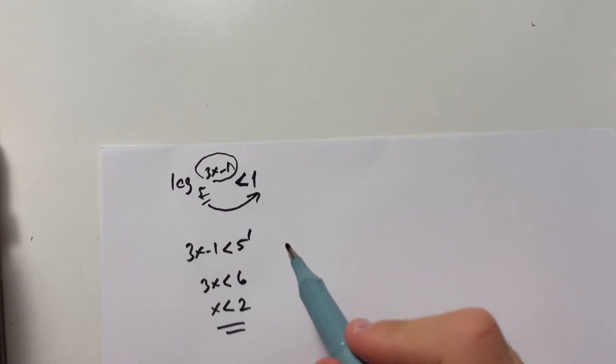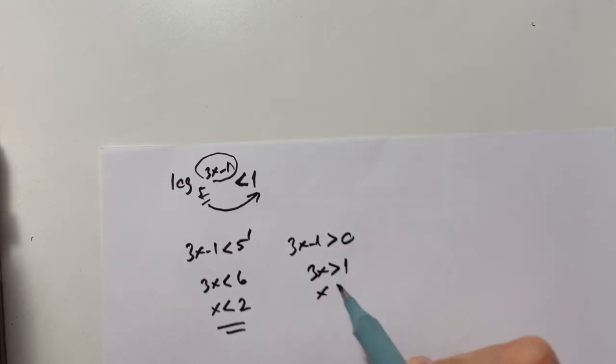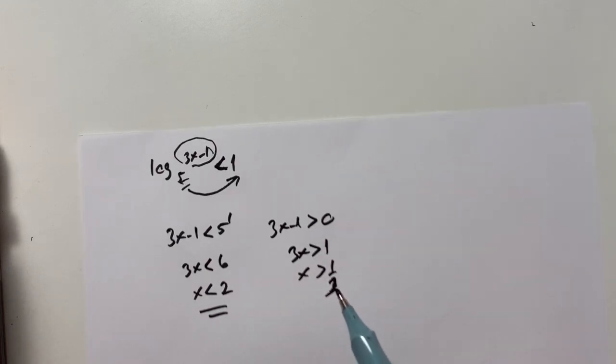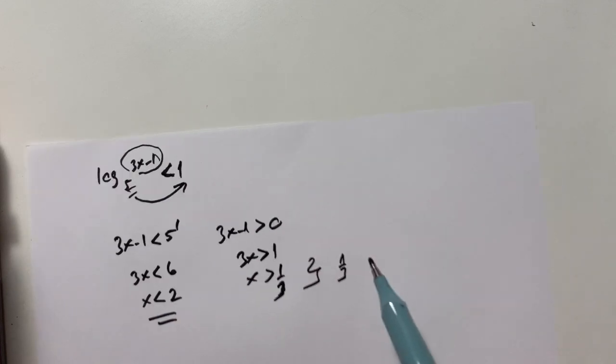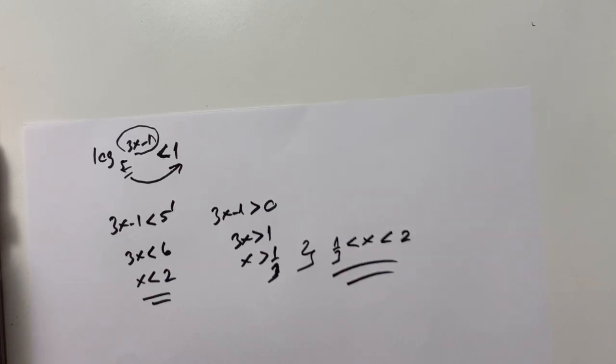So let's find that interval. And according to that rule, x must be greater than 1 over 3, so let's sum up the inequality. And this is our interval.